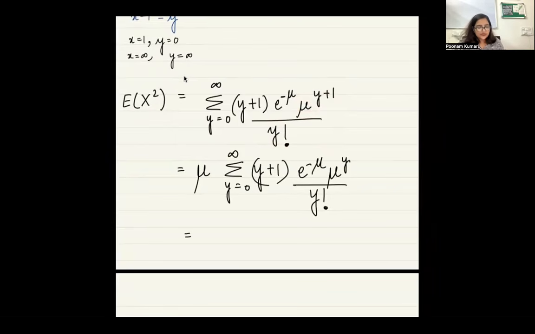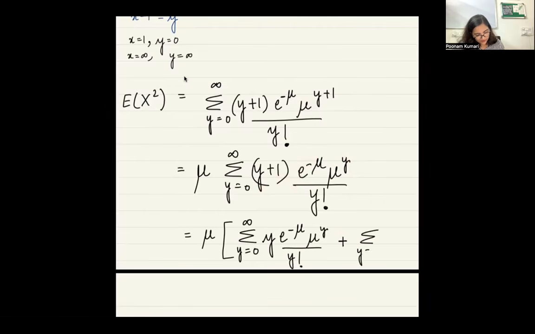And what can I do? Let's just multiply both sides by this. I mean, this can be multiplied by y and this can also be multiplied by 1. So this is mu. And because summation can be broken down into these two parts, it can be like this: y going from 0 to infinity, y e power minus mu mu power y divided by y factorial, plus summation y going from 0 to infinity e power minus mu raised to the power y divided by y factorial.